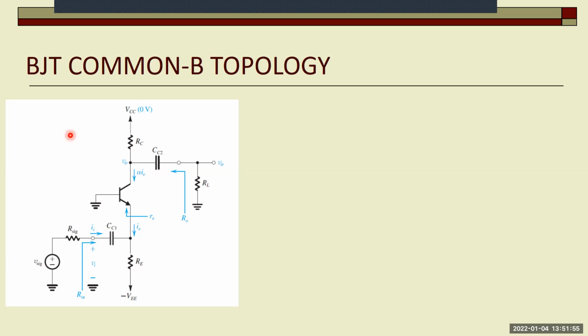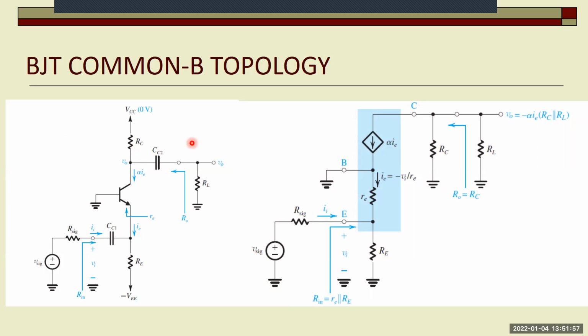And let's see. The small signal circuit looks like this, again with the T equivalent small signal circuit. We have the re and alpha ie, and the large RE is connected from the emitter to the ground. The signal comes into the emitter. So what is the input resistance?